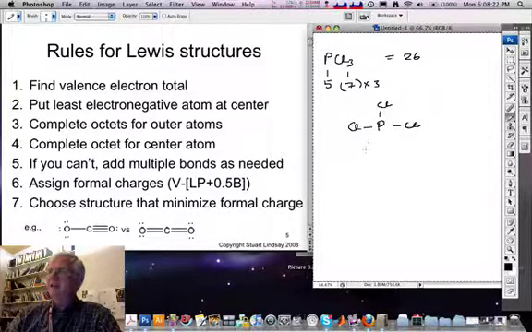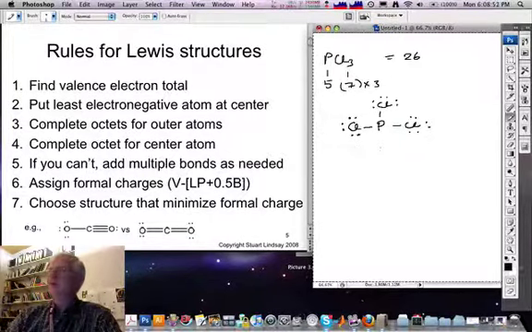Step 3 says complete the octets for the outer elements, and so this would mean that we would put 1, 2, 3, 4, 5, 6 electrons around each chlorine, so that together with the 2 electrons, 1 coming from the chlorine, 1 from the phosphorus, we've formed octets for the outer elements.